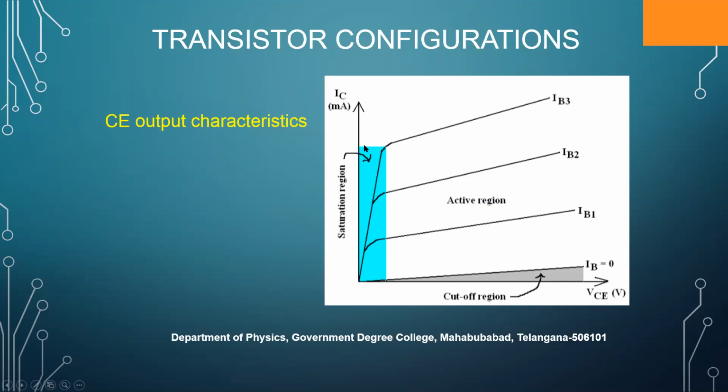When both of the junctions, base emitter junction and the collector emitter junction, are forward biased, it will be in saturation region. When base emitter junction is forward biased and the collector emitter junction is reverse biased, the transistor will be in active region. This is the desired working region of our transistor. That's why we are calling it as active region.